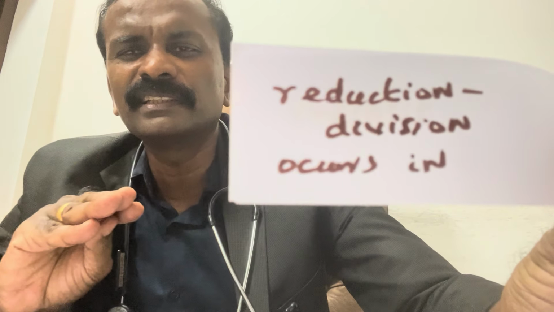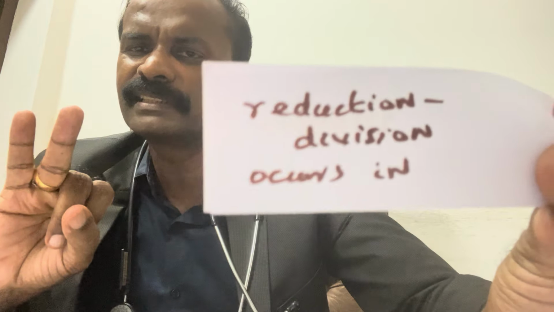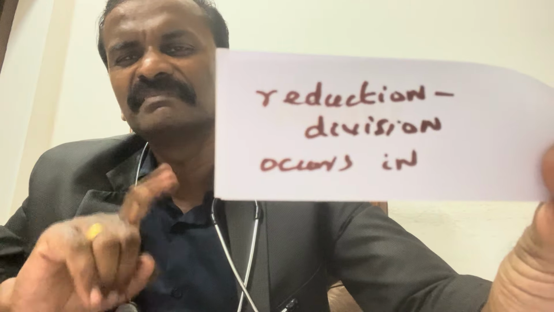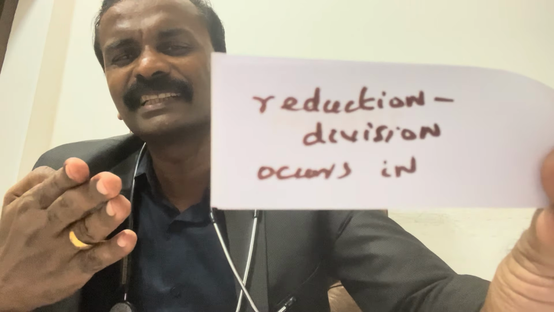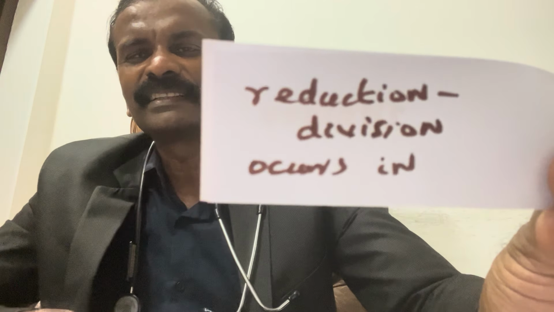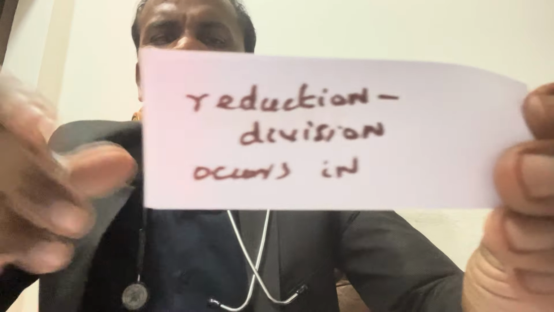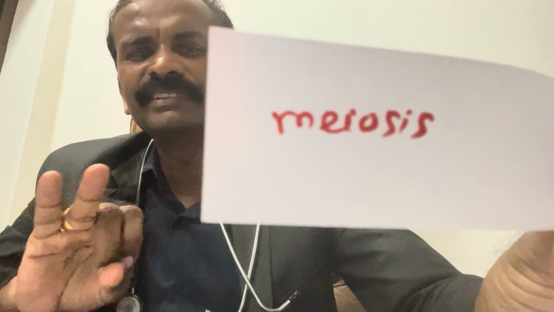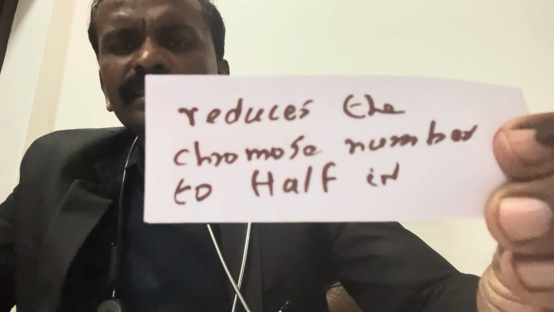Reduction division occurs in mitosis, meiosis, both of the above, none of the above. It will be the toughest MCQ. You cannot answer. What is the answer? Reduction division reduces the chromosome number to half.